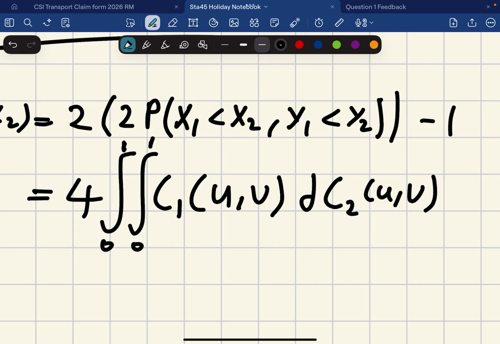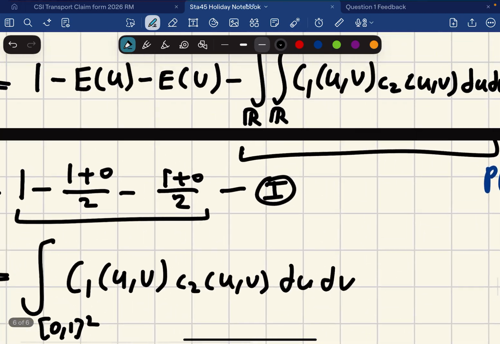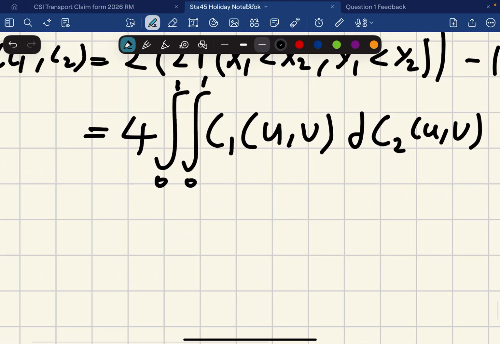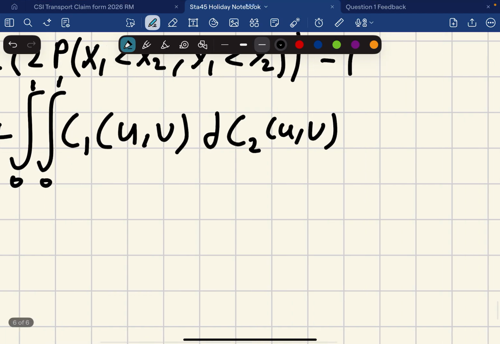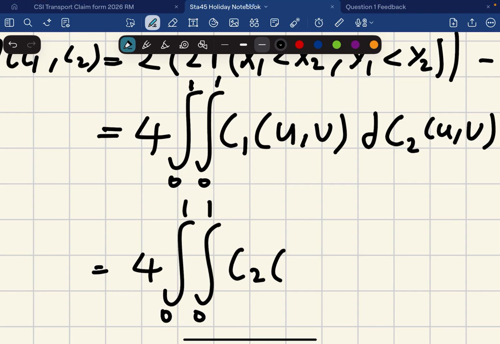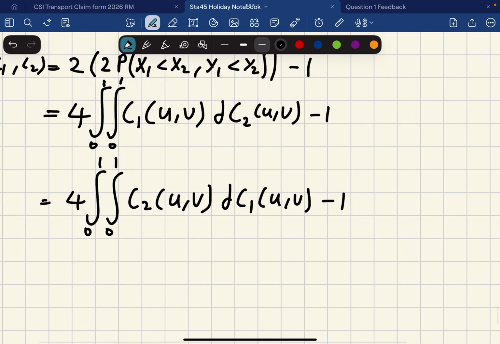If they're not the same, then you apply it that way. So this notation is shorthand for this notation here. It's the same thing, right? And you will also find, or minus 1, you will also find that if you reverse the roles, it's the same thing. If I say C2(U,V) times dC1(U,V) minus 1, it's all the same thing. So this guy is a very important thing.